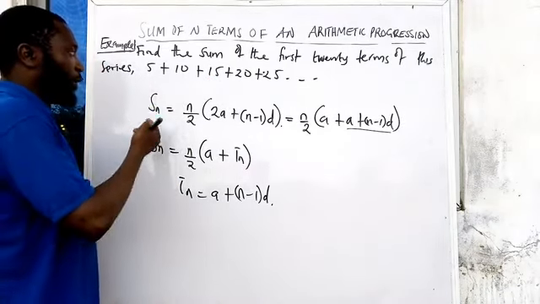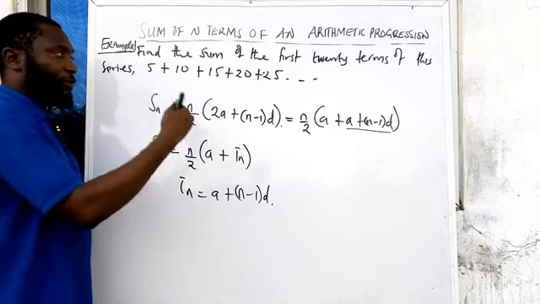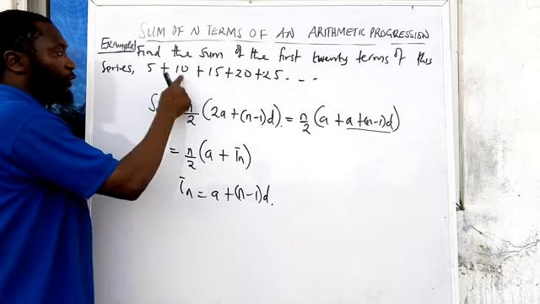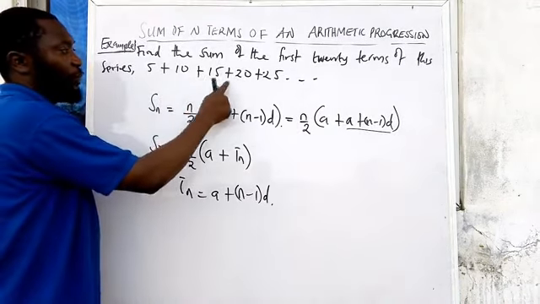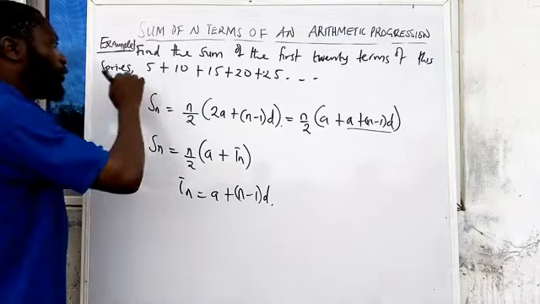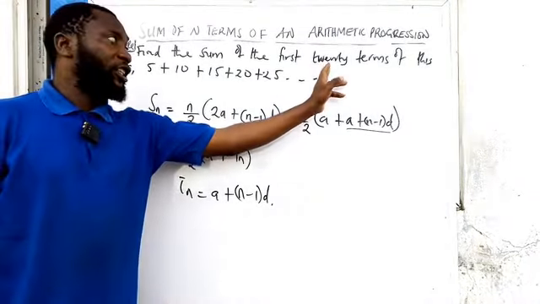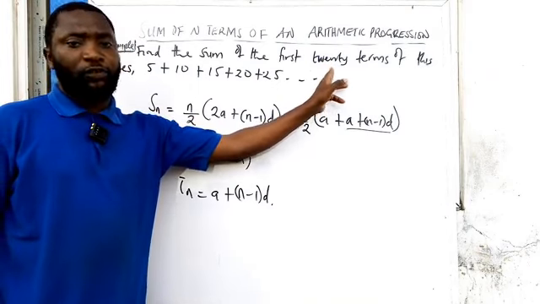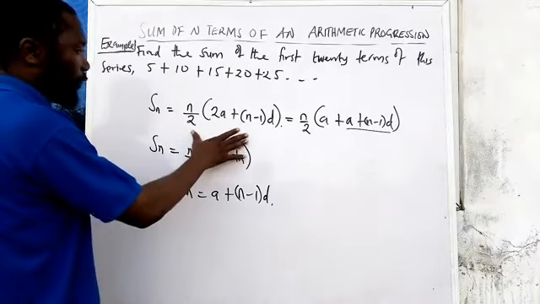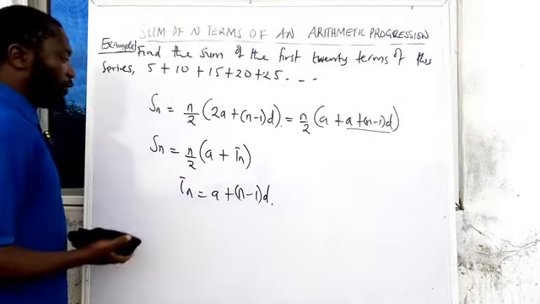From this example, we can see that each term is generated by addition of 5. This is 5, 5 plus 5, 10, 10 plus 5, 15, 15 plus 5. Meaning there is a common difference, and 5 is the first term. And the question says the first 20 terms. It means our n is 20. Now we are going to make use of this formula to calculate the sum of the first 20 terms of this series.